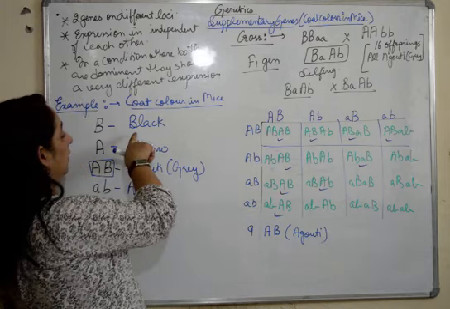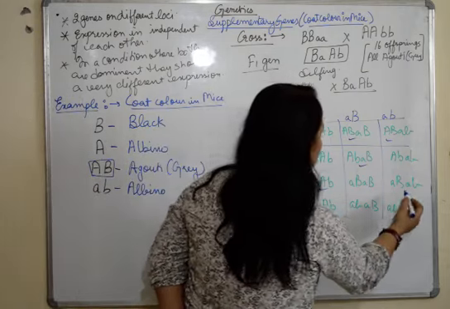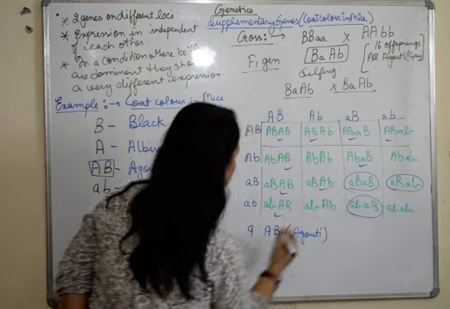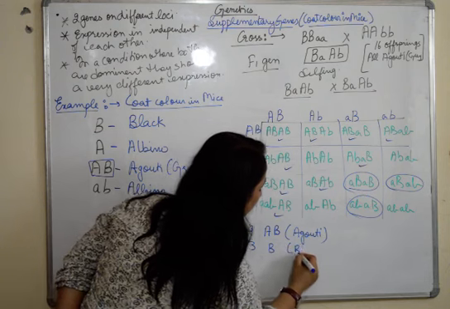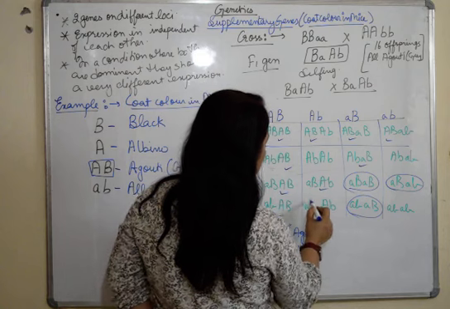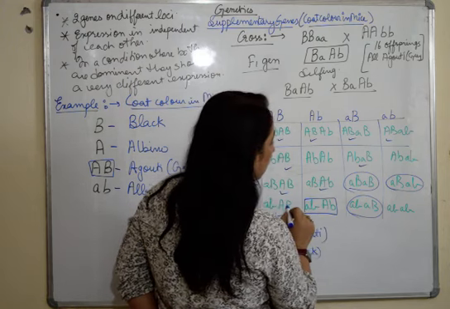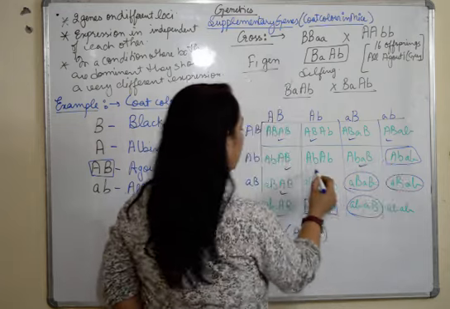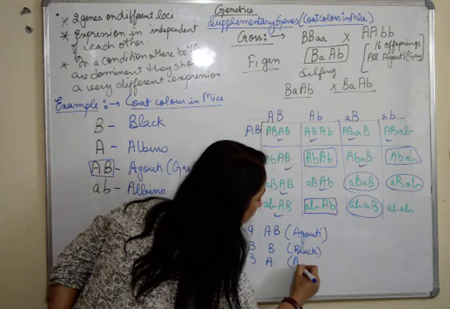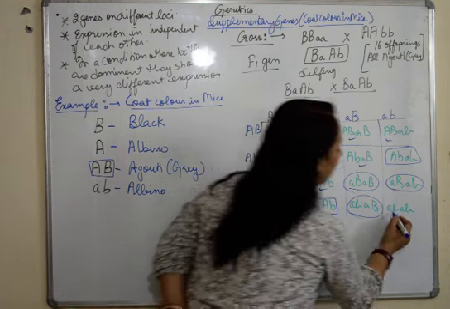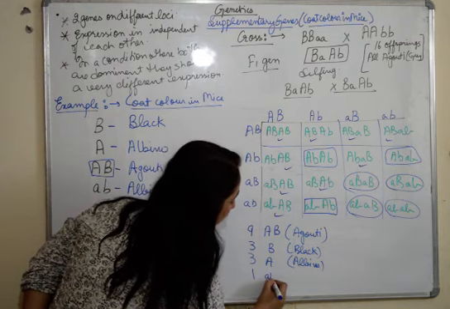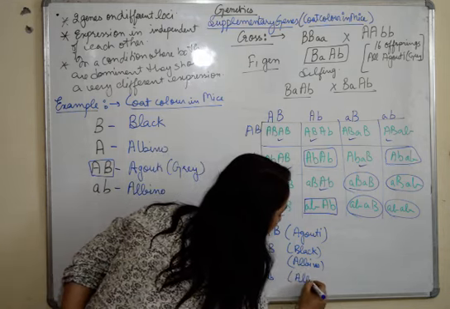Again, the next one, capital B: 1, 2 and 3. So three are with capital B, all black. Then capital A: 1, 2 and 3. So three are with capital A, that means albino. And we have the last one left, all recessive. So one is with both recessives, and that is also albino.